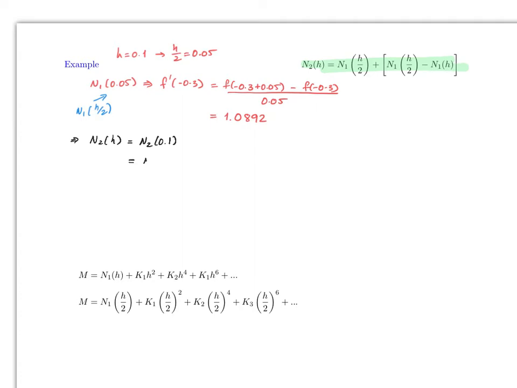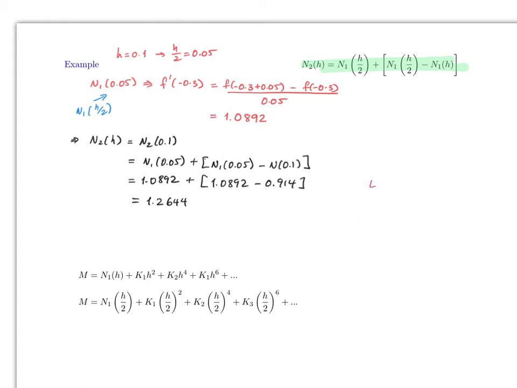So this is the same thing as N1(0.05), which we just found, plus N1(0.05) minus N1(0.1), which is equal to 1.0892 plus 1.0892 minus 0.914, and this simplifies to 1.2644.